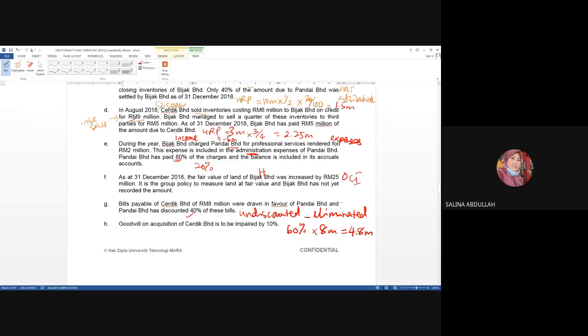In the consolidated SOFP, under bills payable, you need to deduct 4.8 million, and under bills receivable, at the same time, you also need to eliminate 4.8 million. So under current liability, eliminate 4.8, and under current asset as well, you will eliminate 4.8 million.